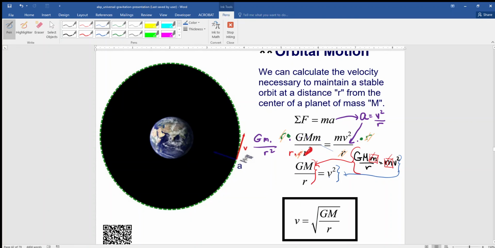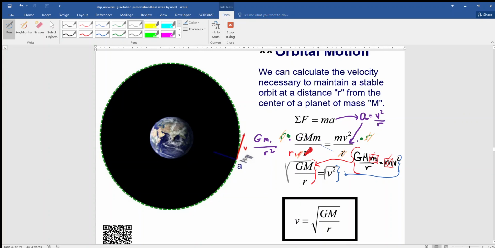Now, like anything else that is squared, I need to take the square root of both sides. And I am able to come up with my velocity equals my gravitational constant times the mass divided by its radius. Take a moment to get that down. Again, make sure you understand how you were able to eliminate your r's on the right side and reduce the r squared to an r on the left.